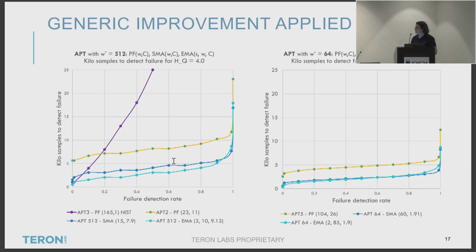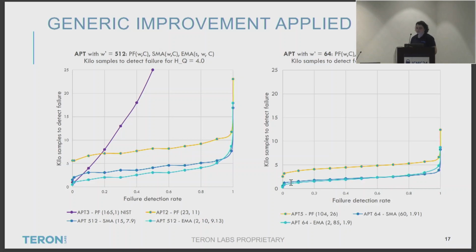And then the blue and the aqua lines down the bottom are where we use the simple moving average and the exponential moving average. And you can see there's not a lot to choose between them. They do tend to cross over here on the right-hand side of the graph.